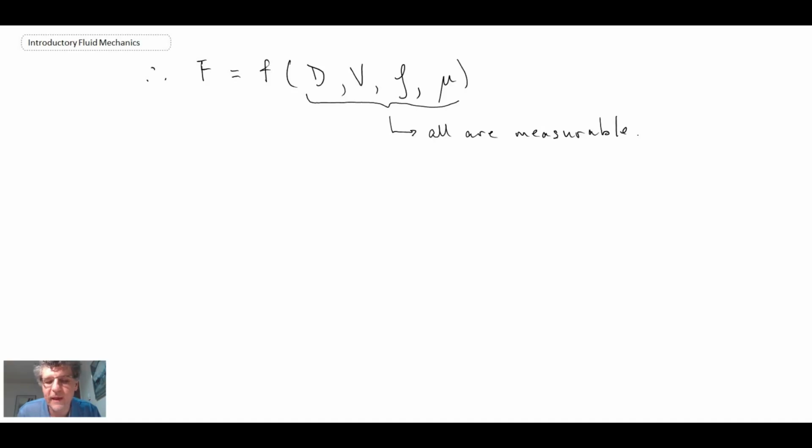So what does that mean? That means that if you really want to understand how the drag force varies due to these other variables, you have to vary those variables. And so let's do a thought experiment here. Let's assume that we're going to do 10 data points for each test or experiment.